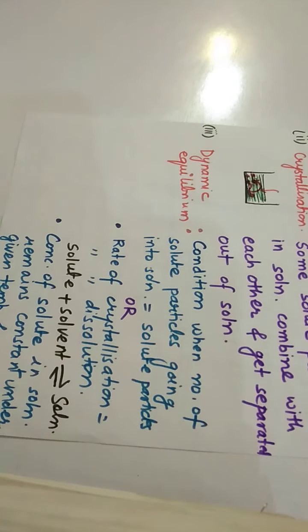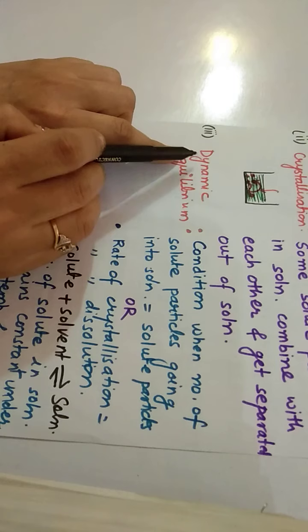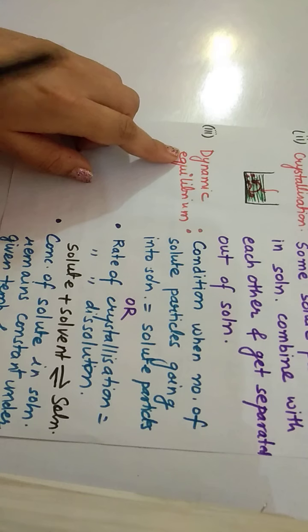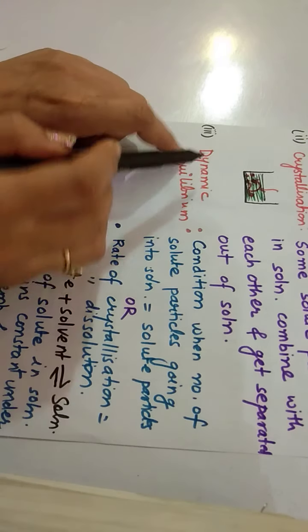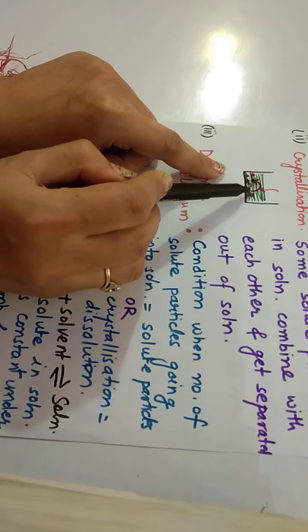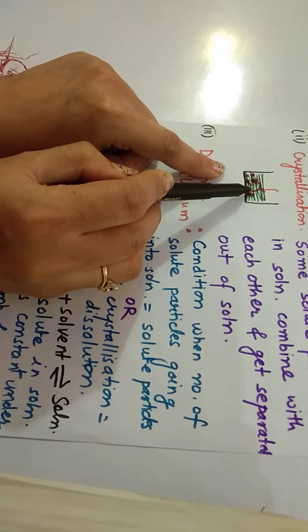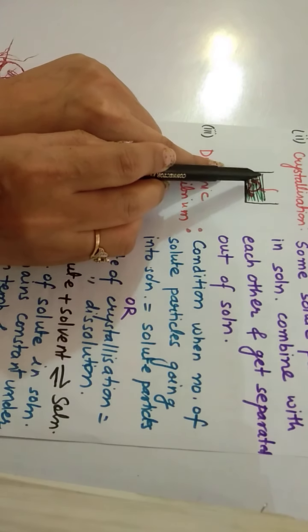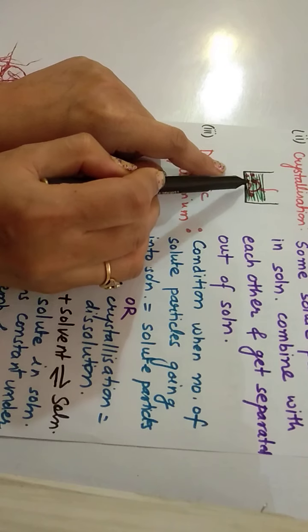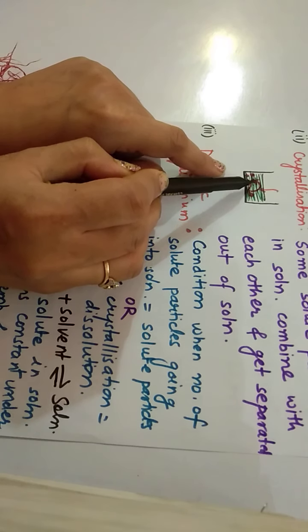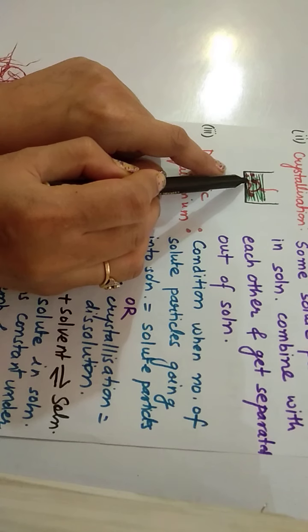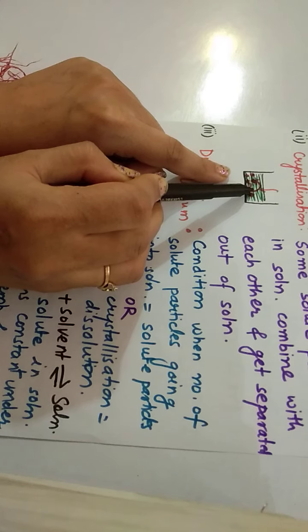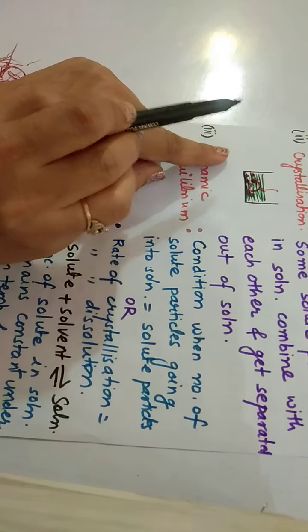Next is dynamic equilibrium. When the rate of crystallization becomes equal to the rate of dissolution, that is, when the number of solute particles going into the solution becomes equal to the number of solute particles coming out of the solution. The solute particles which you have added more to the saturated solution are going into the solution, and the solute particles from the solution are moving out and forming crystals.